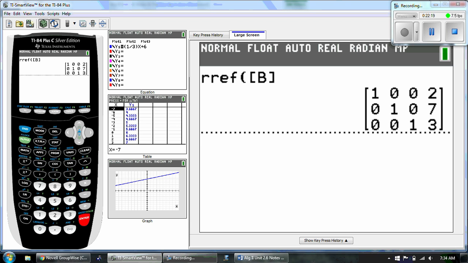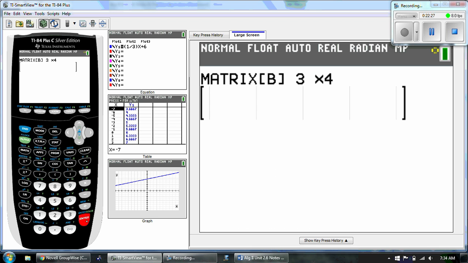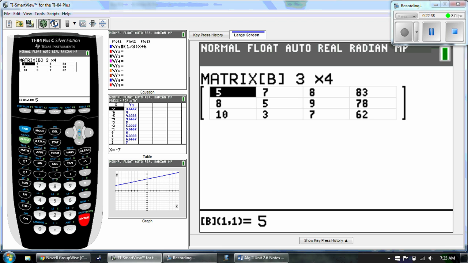Notice I haven't hit anything else in my calculator. That's going to save us some time in a second. I'm going to show you why. So I'm just going to go to Edit. I'm going to edit my 3x4. Okay, it's already set up, so I'm just scrolling over. Hit Enter to know that it's ready. And then here we go.